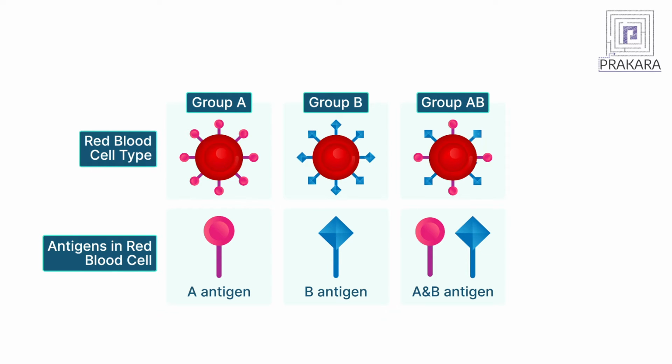If both antigens A and B are absent, then the blood group is O. We are not taking into account the positivity or negativity because that depends on the rhesus system. We are just talking about the alphabet, which is either A, B, AB or O.